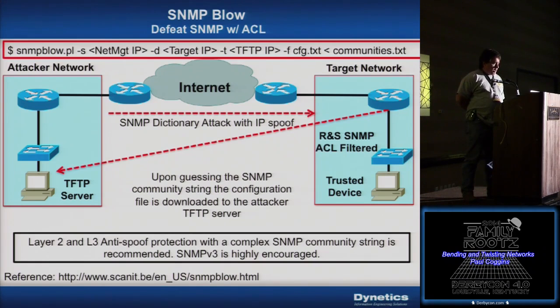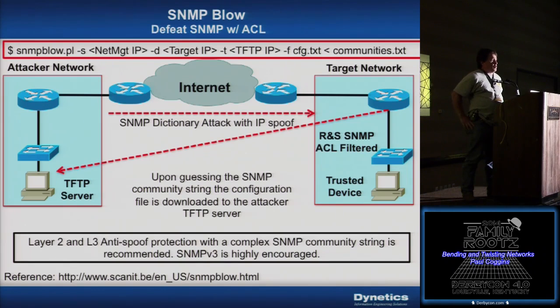You combine it with a tool called SNMP Brute, and what that's going to enable you to do is spoof the IP address of the network management system that is trusted by the network infrastructure, where they have access lists that are locking down the trust relationship of who can touch the network infrastructure with an SNMP packet.